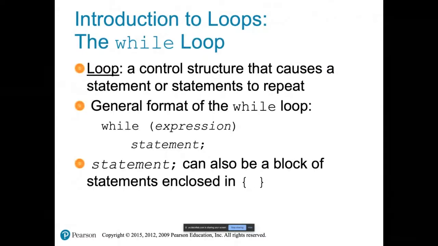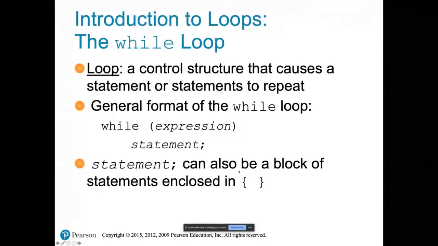Introduction to loops. A loop is a control structure that causes a statement to repeat over and over again until the expression is false. This is where it would keep on going.